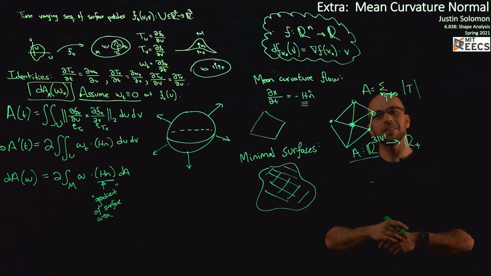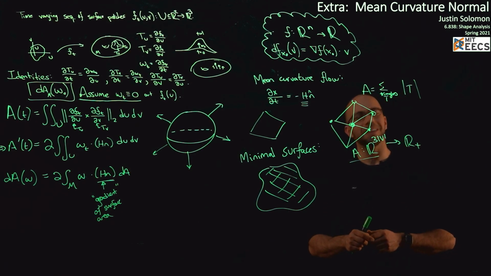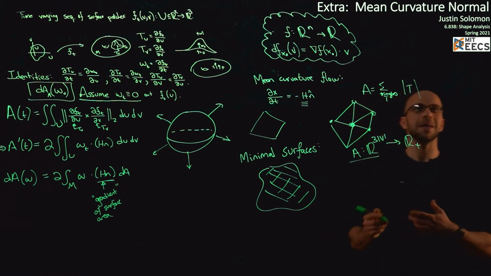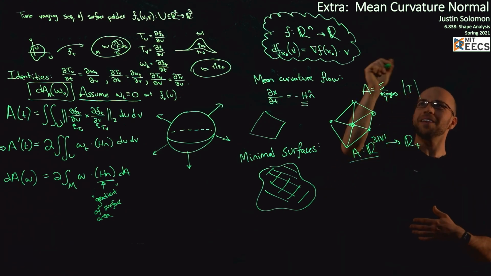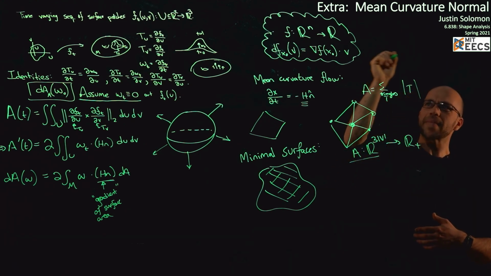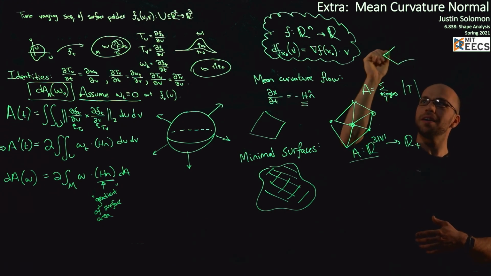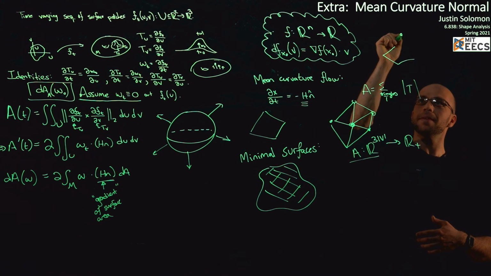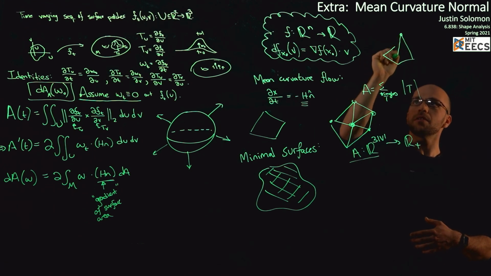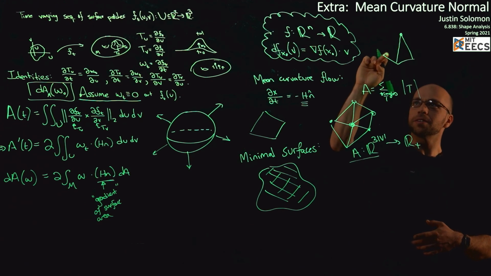So in this case, what we're going to end up with is a mean curvature weighted normal, just interpreted in the discrete domain. So for instance, think about if I have a ring of vertices, and then one vertex pointing up like that. I'm going to actually draw a pyramid.